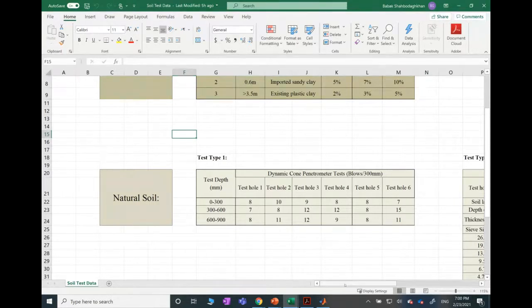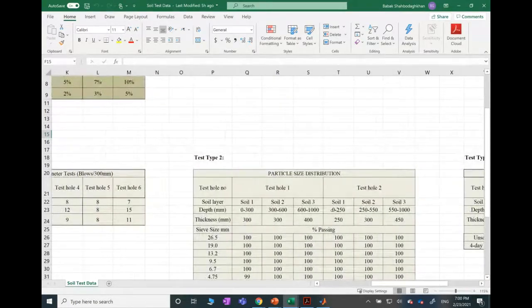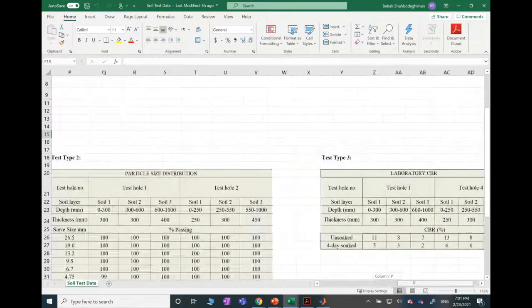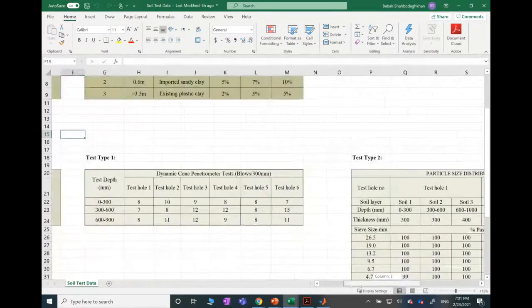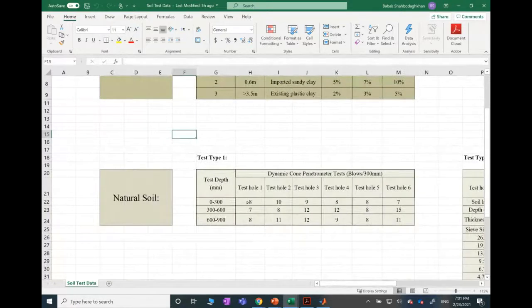You can get some ideas from these results whether the soil that you are dealing with is a layered soil or a uniform soil, and then determine the values. But eventually, when you consider layered soil and calculate for different layers, you need to come up with one design CBR for the dynamic cone penetrometer test.